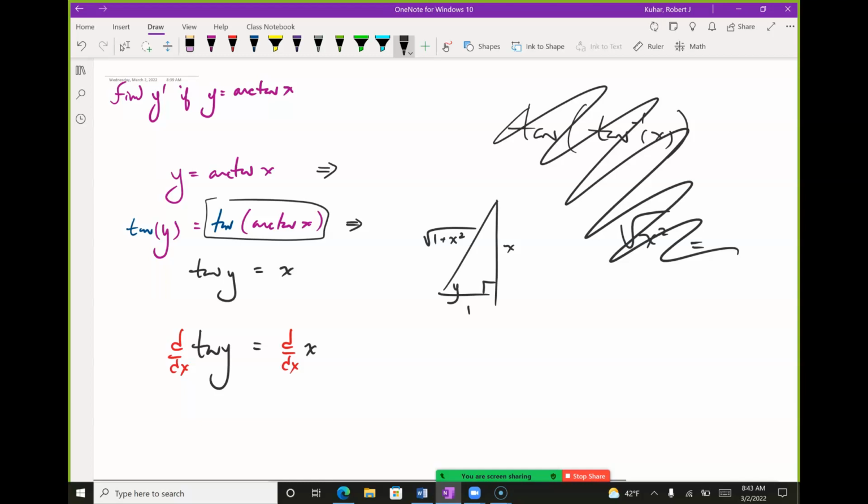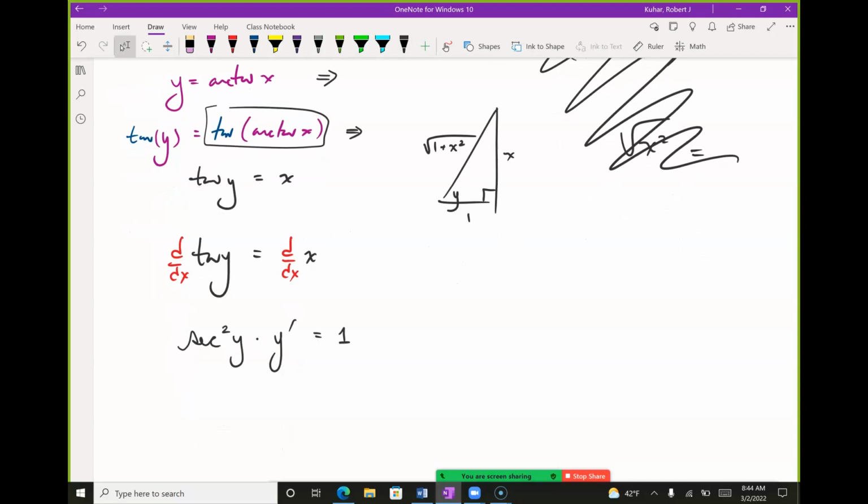Good. On the left-hand side, the derivative of tangent is? Secant squared. Nice. Secant squared of y times the derivative of the inside, which is y prime. Nice. And the derivative of x is 1. So now we're solving for y prime.